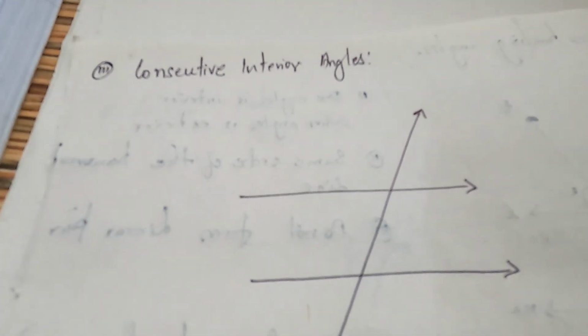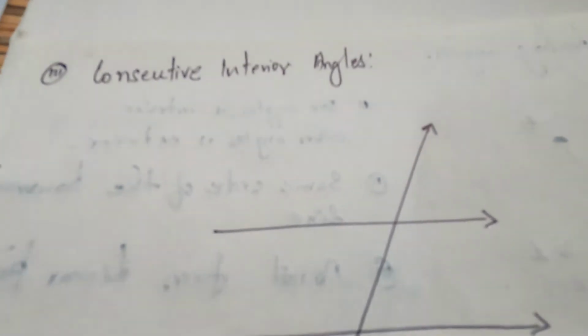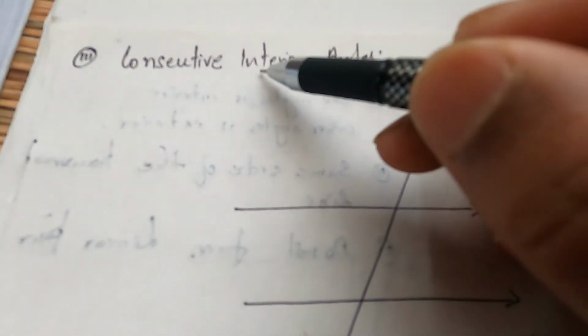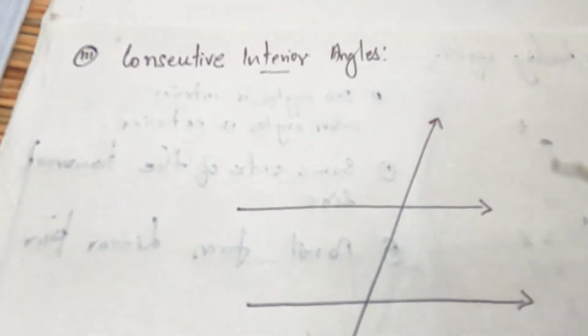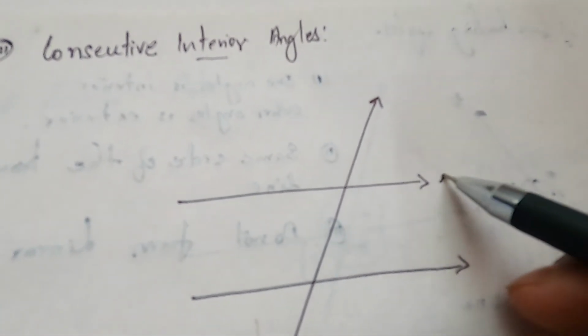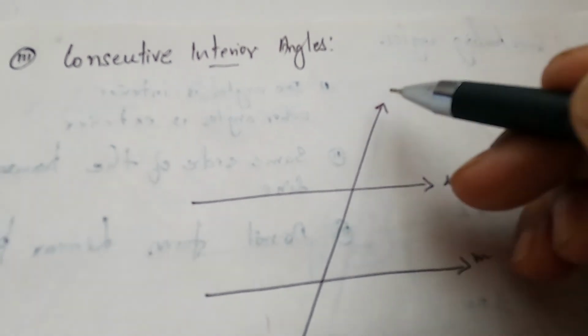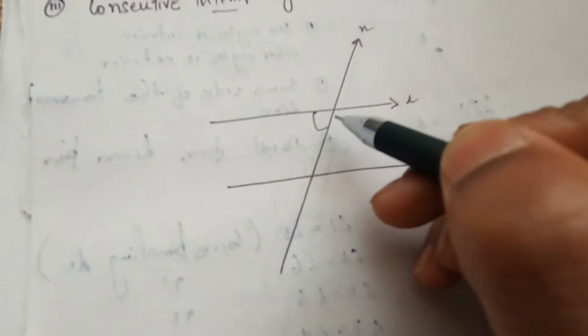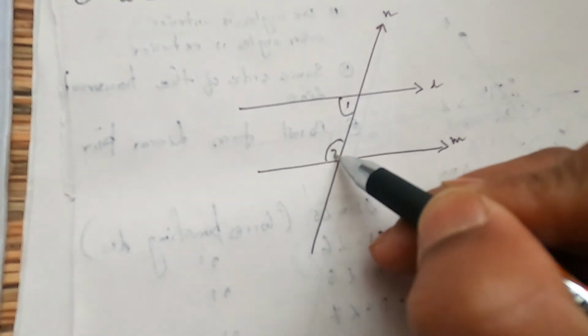Alright student, the last pair of angles is consecutive interior angles. Just by the definition, interior simply means the angles which are in between the 2 parallel lines. So in this case, angle 1 and angle 2 will form consecutive interior angles.